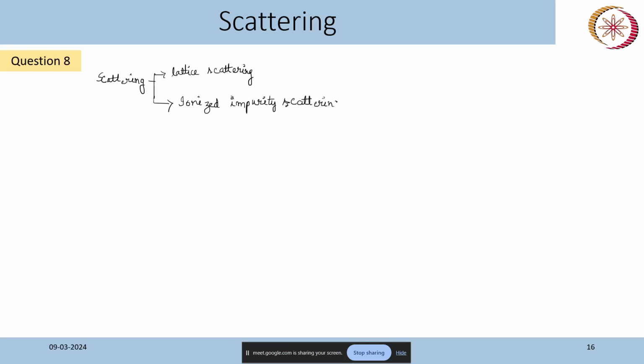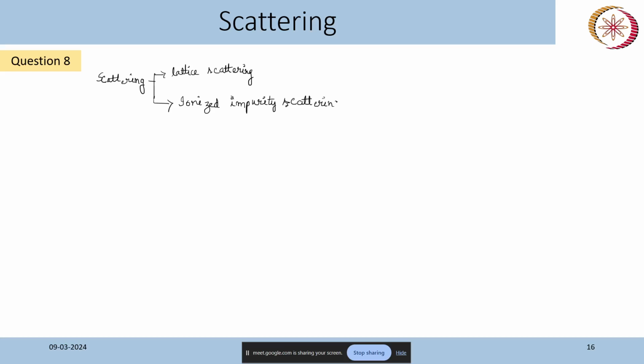So, scattering actually means the change in the carrier movements, that is, the change in direction or change in velocity. So that is basically related to the mobility of the carriers. Scattering affects the mobility of the carriers and carrier movement. Now in the question, it is mainly on lattice scattering, so we'll focus on that.